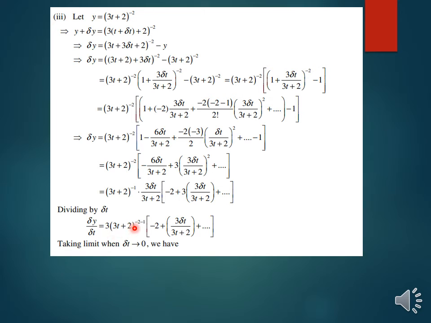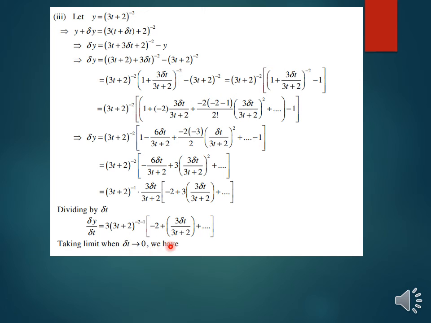Divided by delta t, it becomes 3t plus 2 in the denominator. Then we shift this 3t plus 2 to the numerator, and it becomes power minus 1. So minus 2 into minus 1, base same, powers add, and here we divide by delta t, so delta t cancels out, and only 1 is left, and minus 2 plus 3 delta t divided by 3t plus 2, and so on.